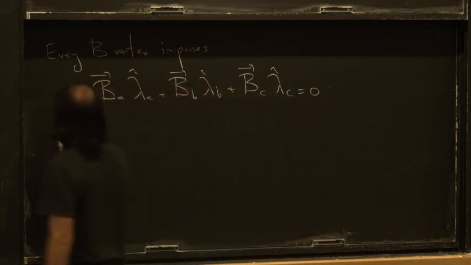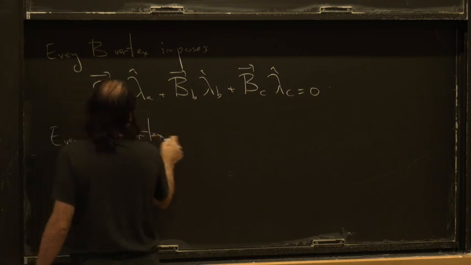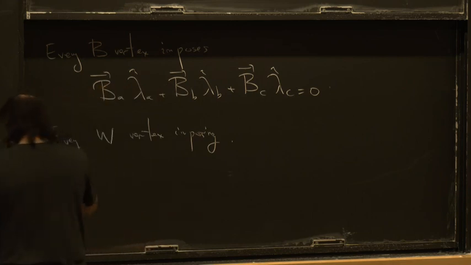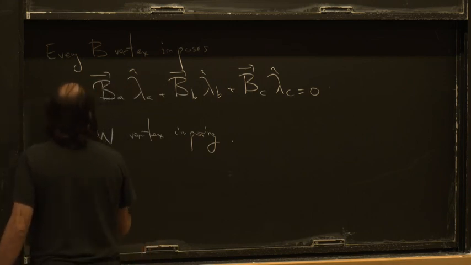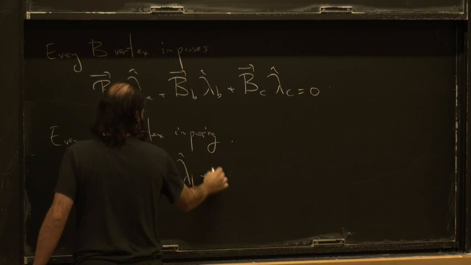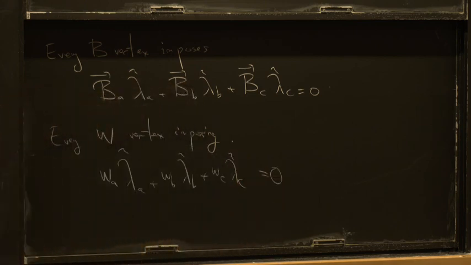Each white vertex is imposing instead WA lambda tilde A plus WB lambda tilde B plus WC lambda tilde C equals 0. Okay, that's from the delta of C dot lambda tilde. It's the C dot lambda tilde piece. We'll come back to the rest of them later.